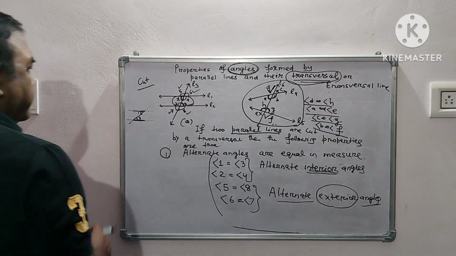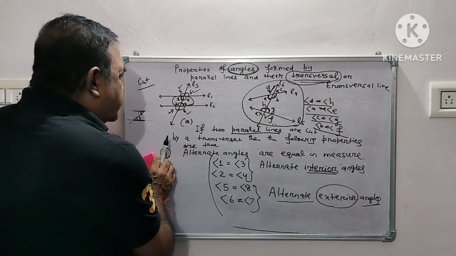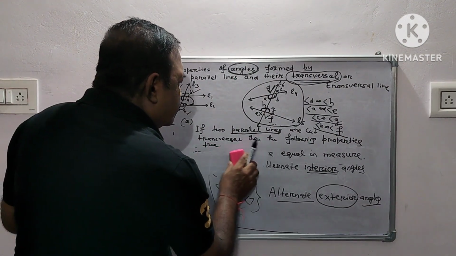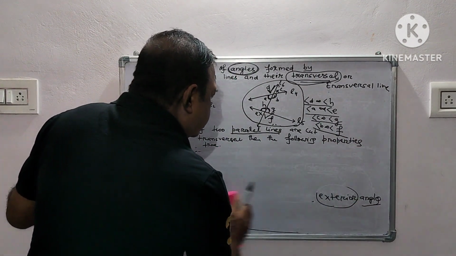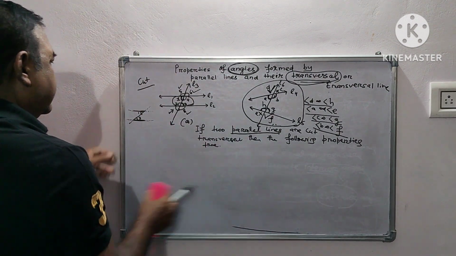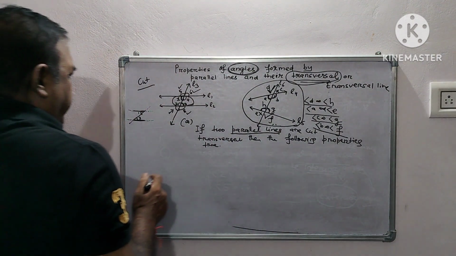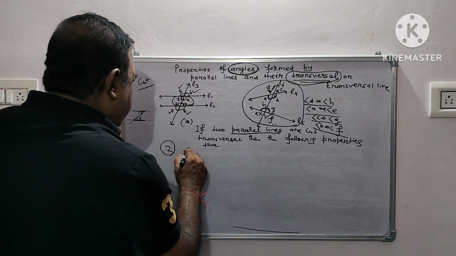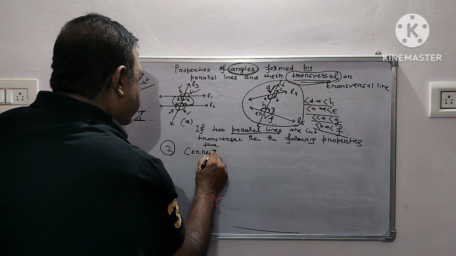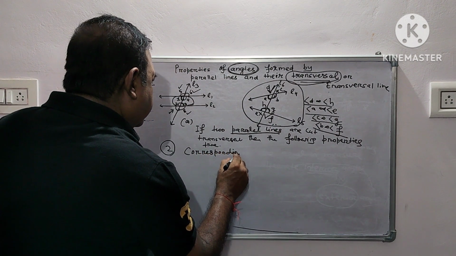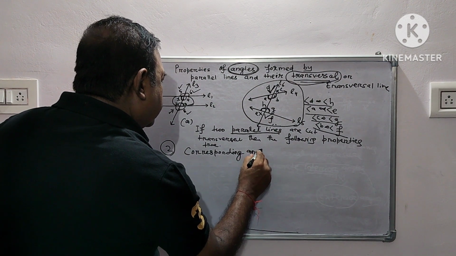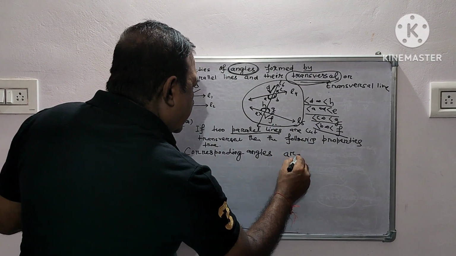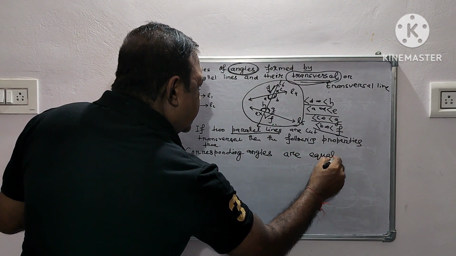So let's move to the corresponding angles. I erase this. Property number 2. Corresponding angles are equal in measure.